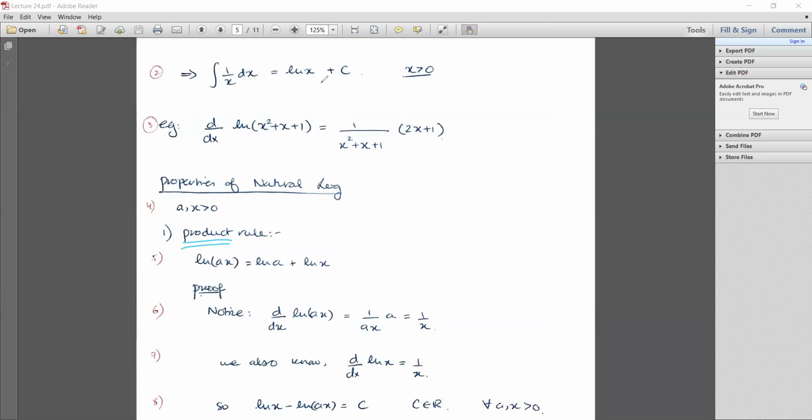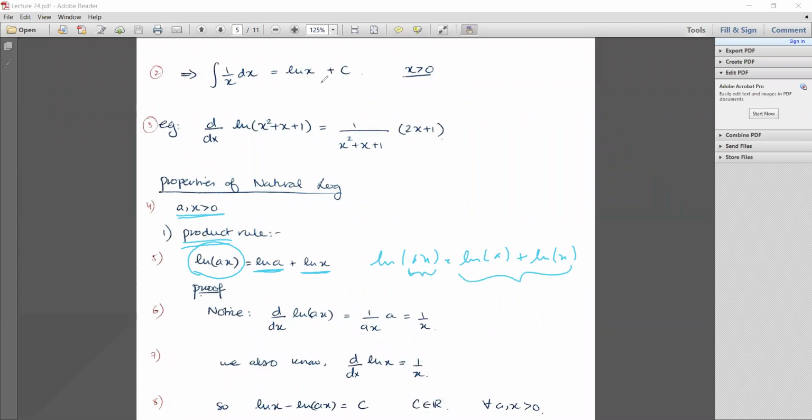Assuming a and x are both positive, if you have the natural log of a times x, then that's just equal to the sum of natural log of a and natural log of x. So ln of ax is just ln of a plus ln of x. So the natural log converts a product into a sum.